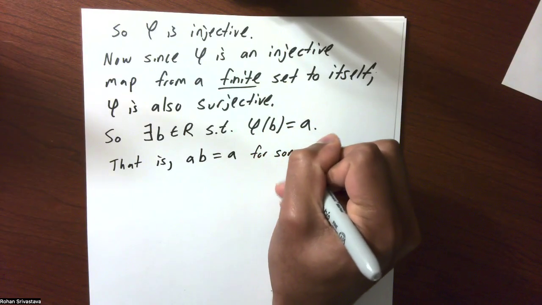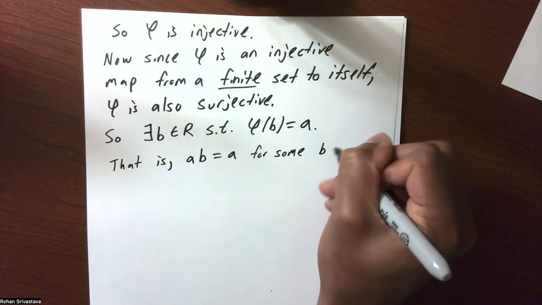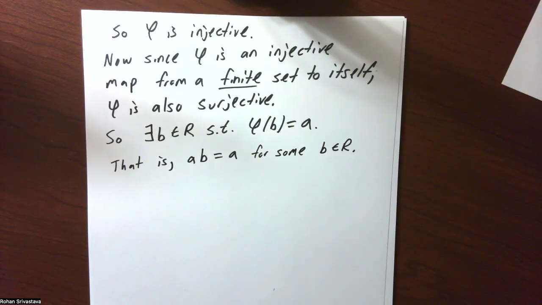for some b in R. Great. So now we want to show that R is a ring with unity, and well, what does it mean to be a ring with unity? It means that you have a multiplicative identity. So now we want to show that R has an element that acts as a multiplicative identity, and now we have a candidate, namely this element b.